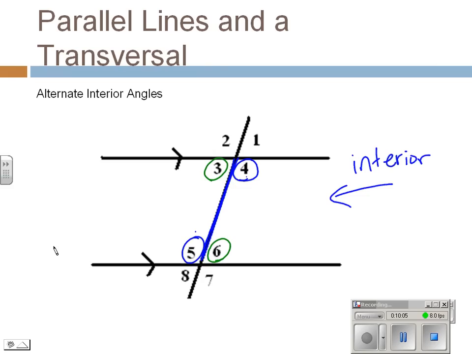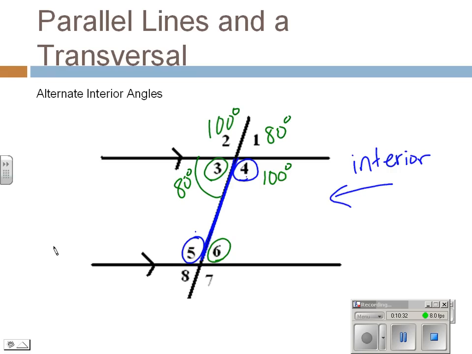So let's once again put in some number values to make this make more sense. Let's say that this is 100 degrees. That would make this 80 degrees. And then over here, angle 3 would be 80 degrees, and angle 4 would be 100 degrees using vertical angles and supplementary angles. Then from here, you already learned that corresponding angles are congruent.